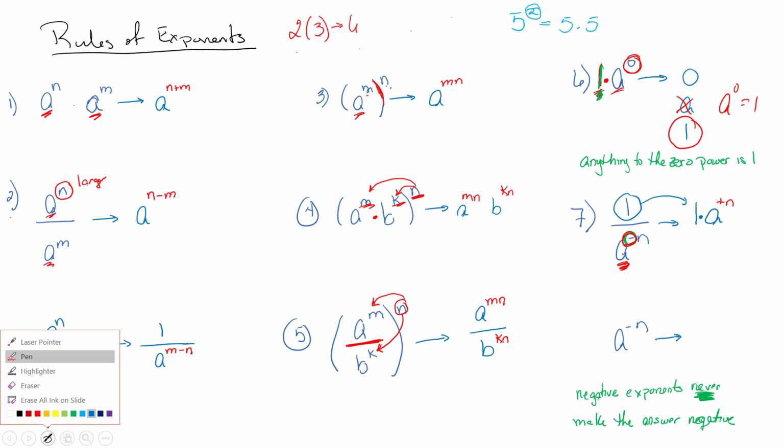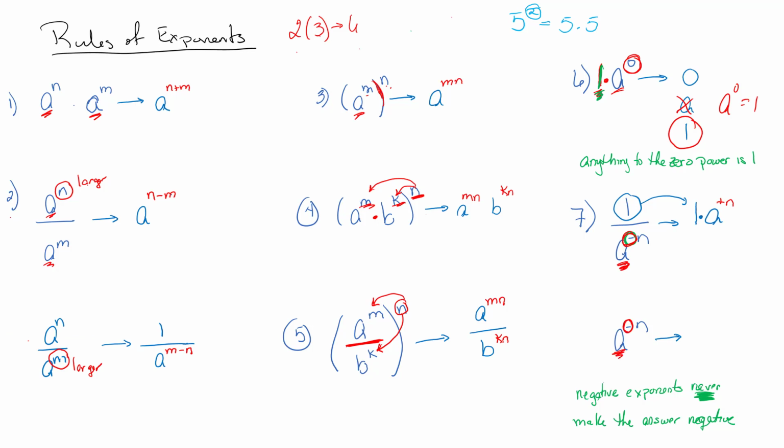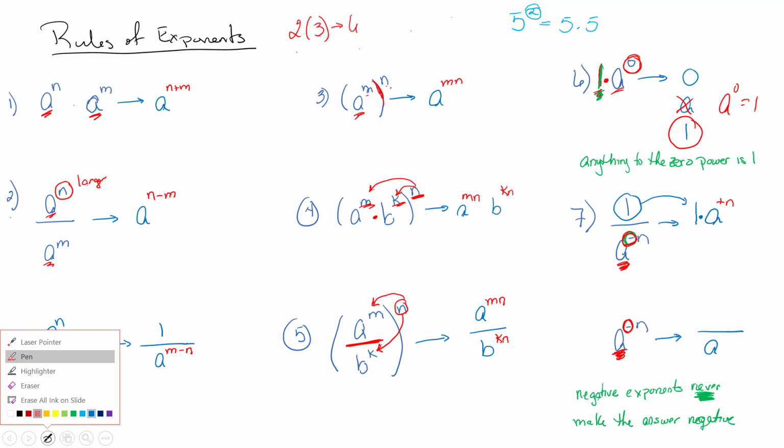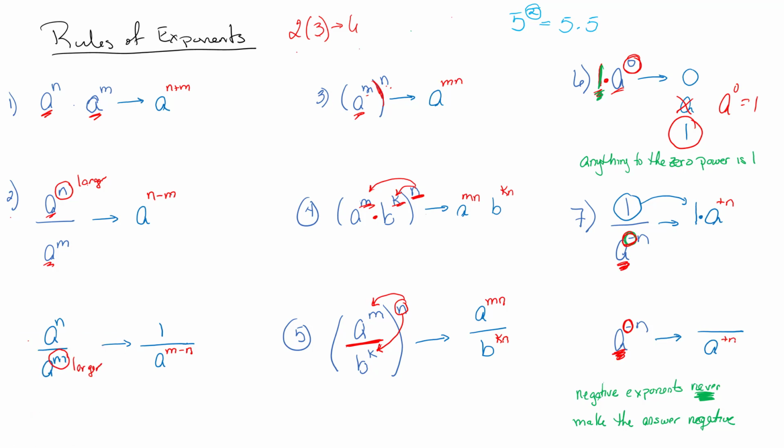Okay, so let's look at this second half of it, shall I say. Again, notice I have a negative exponent, which tells me that this base is in the wrong place. Well, on the first half of it, the base was on the bottom, which means it needed to belong to the top. Well, in this case, the base is already on the top, which means that it belongs on the bottom. And when you move it to the bottom, the exponent goes positive because it's done its job.